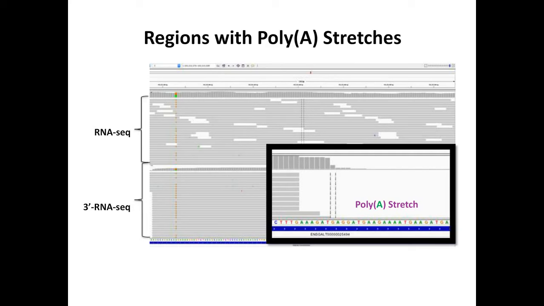This comes from the technology, because as you remember from my previous slide, when we amplify mRNA, we use a primer with a poly-T tail, which attaches to the poly-A tail of the mRNA. But that poly-A tail is added after transcription, and it is not a poly-A within the gene. Here we have a stretch which is within the gene. It is coming from DNA. It is not the poly-A tail that was added after transcription.